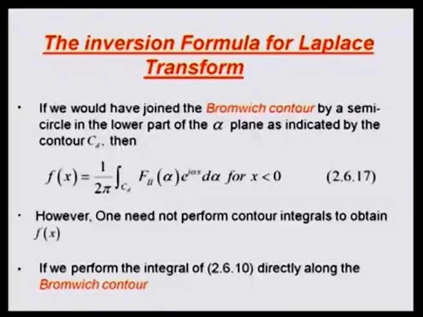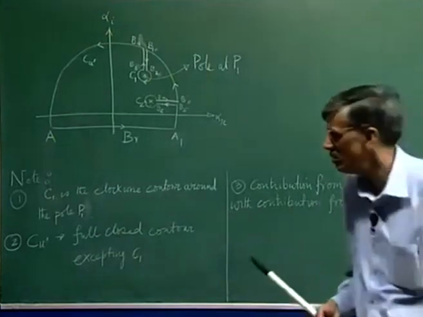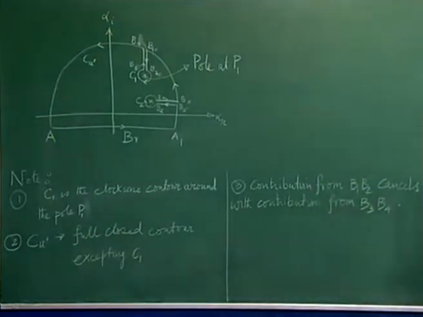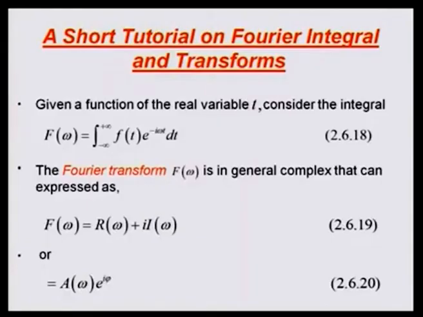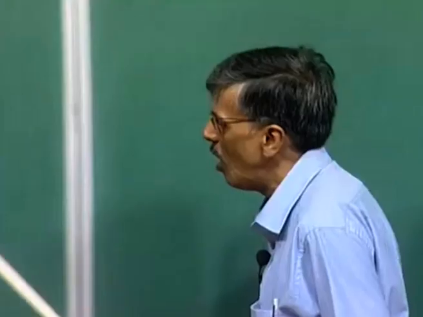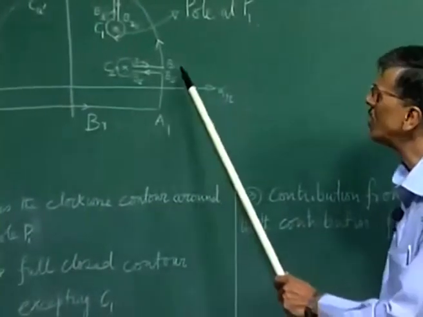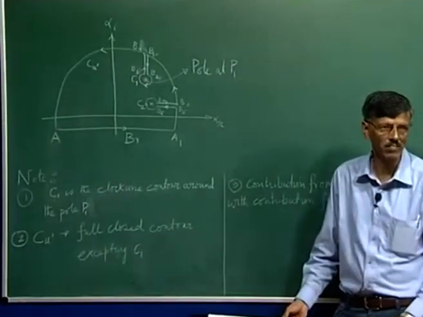That is what we are calling as CD. Okay. And then whatever I have done here, I could have done it there also, but there those poles would correspond to contribution coming from the upstream propagation. Okay. So, this is something that we need to remember, but you do not really need to worry about either closing the contour on top or closing the contour on the bottom, because this circular arc, if Jordan's lemma is valid, does not contribute anything.